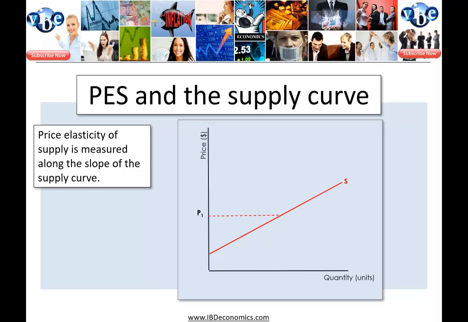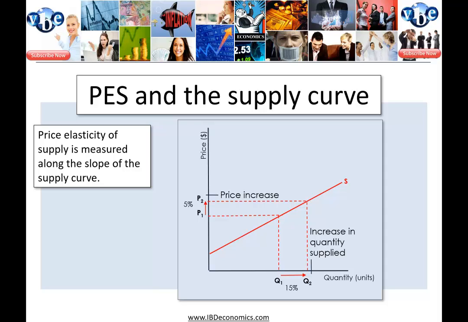Just like demand, price elasticity of supply is measured along the slope of the supply curve. So we can have a look at the effect of a price increase here from P1 to P2. That's a 5% price increase. And we can have a look at the effect on quantity supplied.